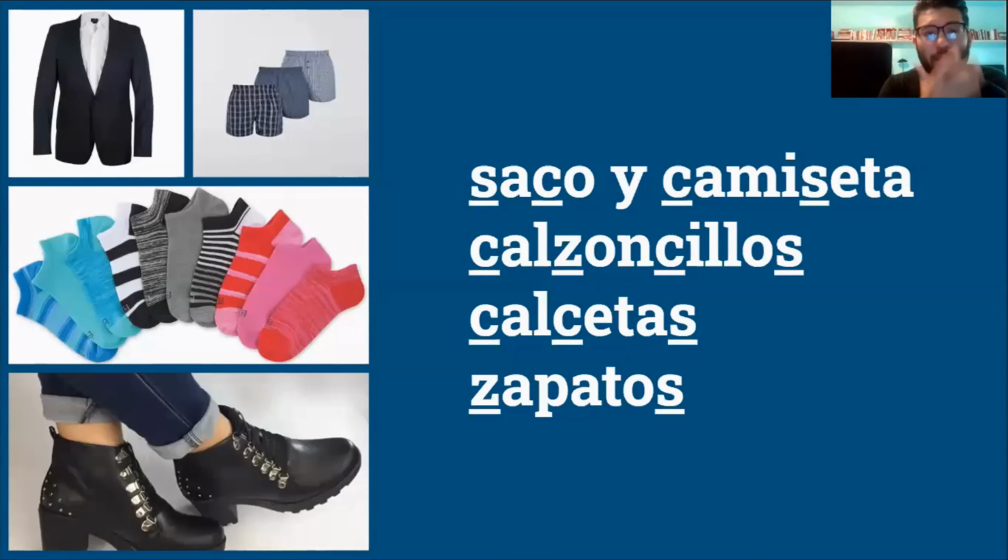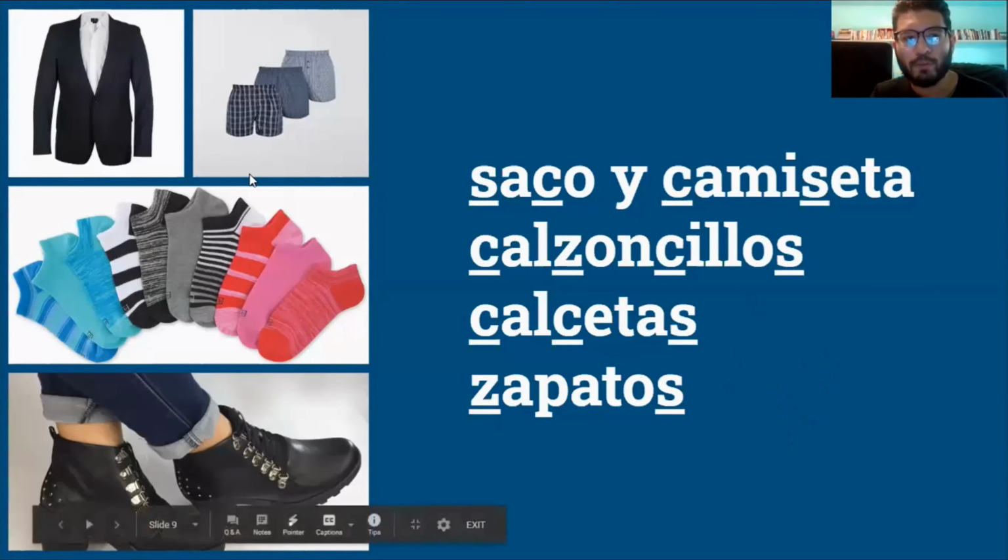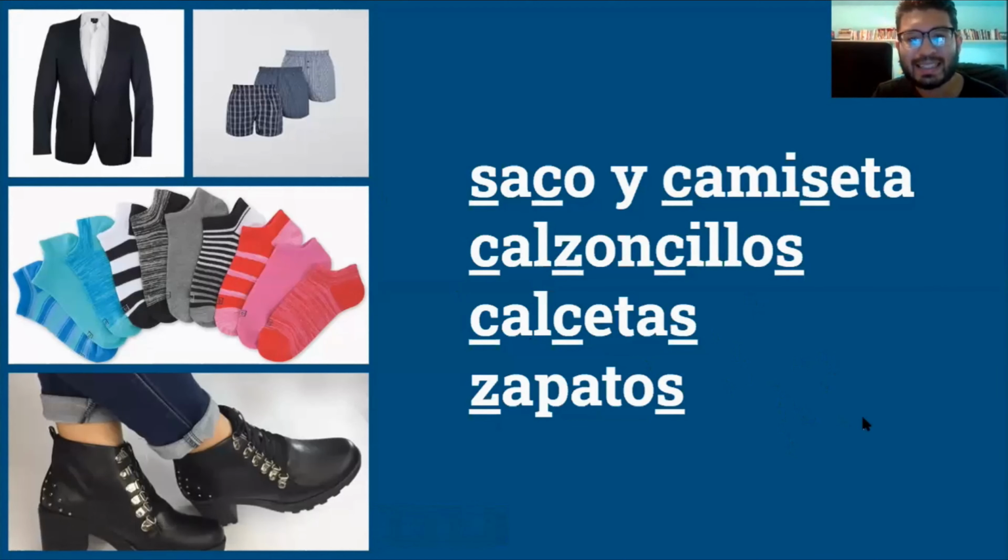So here we have examples that respond to the same category, namely clothes or clothing, which is ropa in Spanish. The first picture here on the top corner is saco y camiseta, so sort of like a suit and shirt.